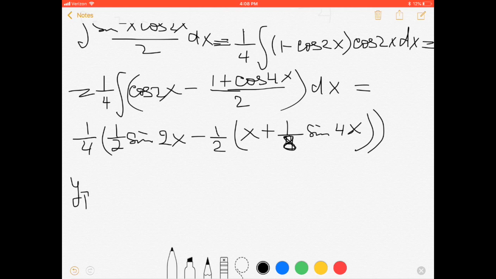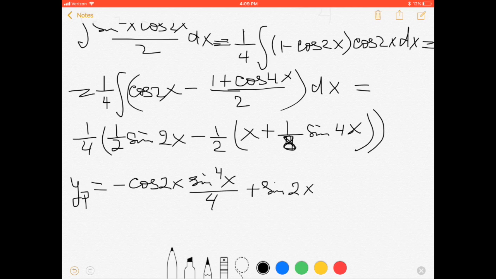Okay. Our particular solution will be negative cosine 2x multiplied by, oh, here we don't need parentheses, here we have only sine fourth power x over 4, and the second is much longer, plus sine 2x, and here I need to write, okay, sine 2x over 4, I'll write this way, and I'll write sine 2x over 2 minus x over 2 minus sine 4x over 8.